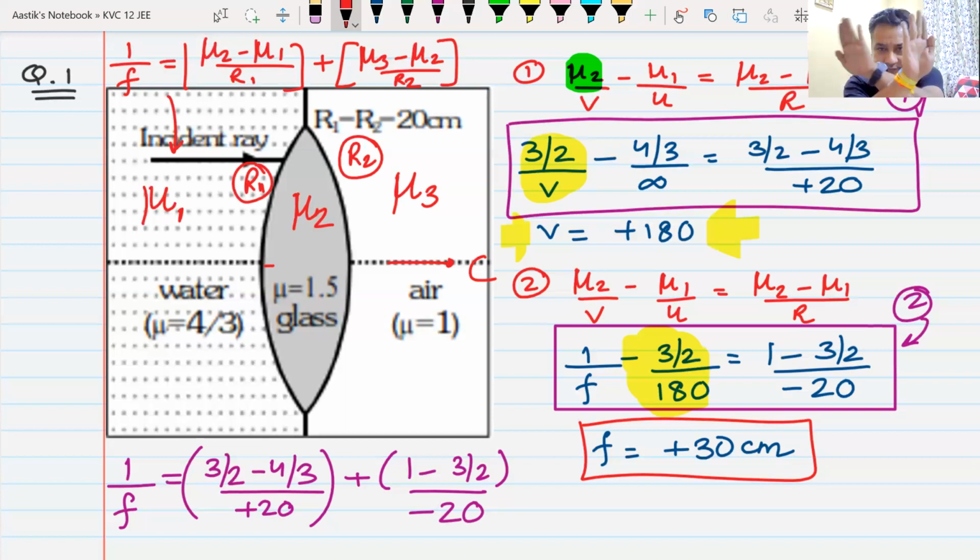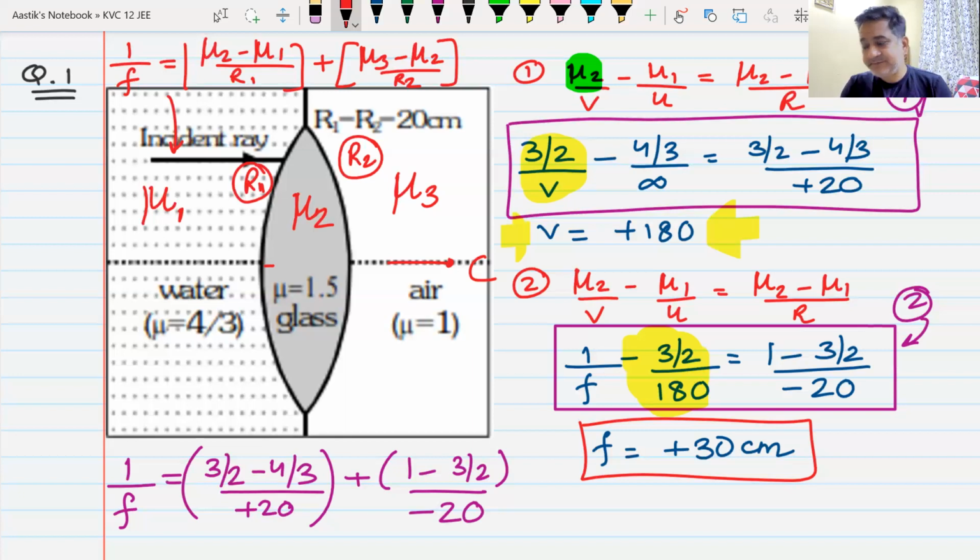If I bring air here and water here, remember both the radii are the same. Does the focal length change or will it remain same? Remain same, sir. That is the next question.